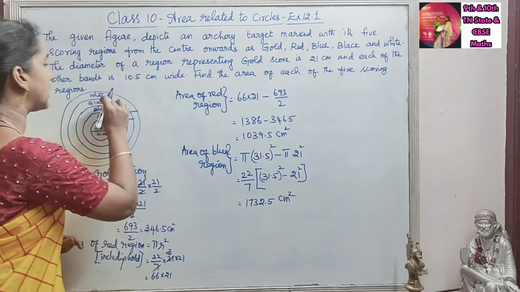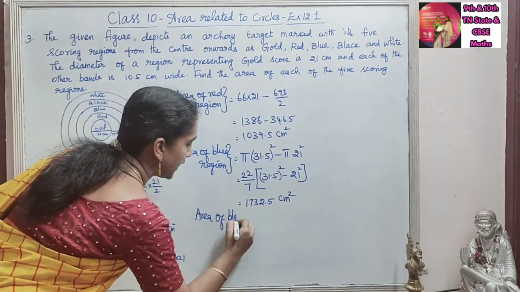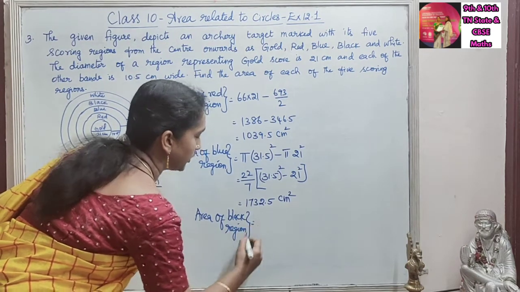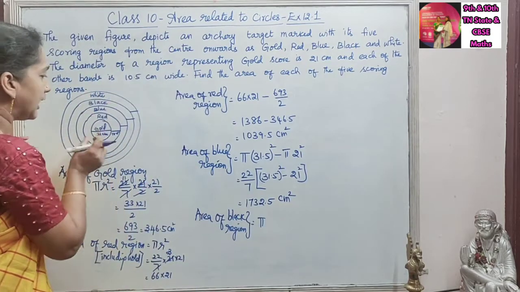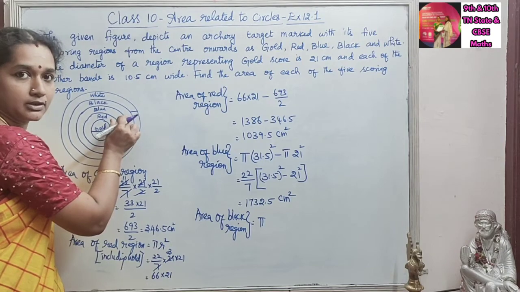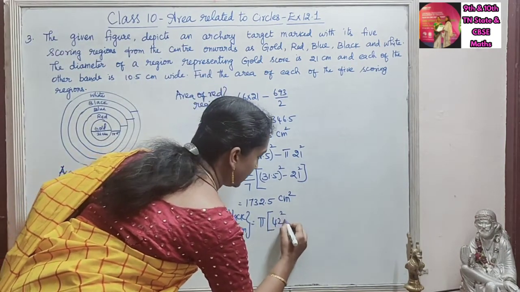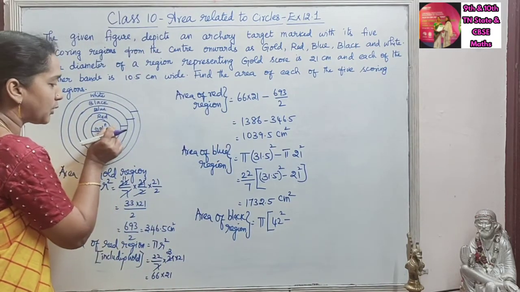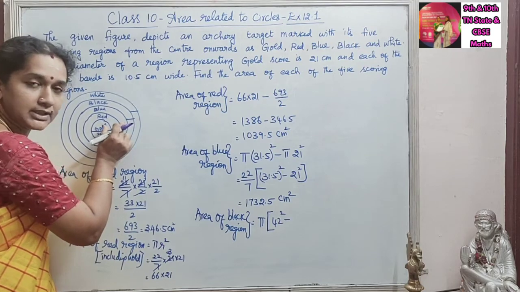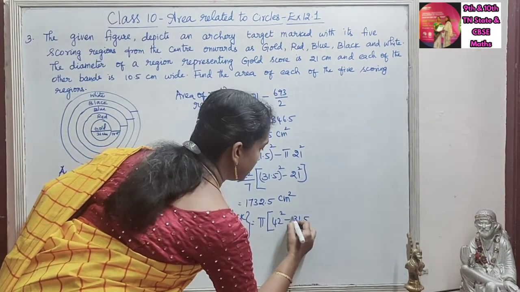Now next comes black. So area of black region is equal to pi into. So for black we are having this 21. Again one more 21 we are having. So 21 plus 21 is 42. So that is 42 square minus 21 plus 10.5, which is 31.5, 31.5 the whole square.